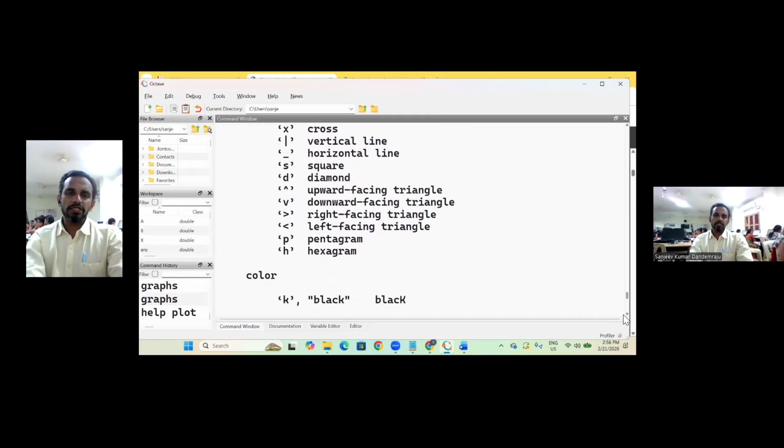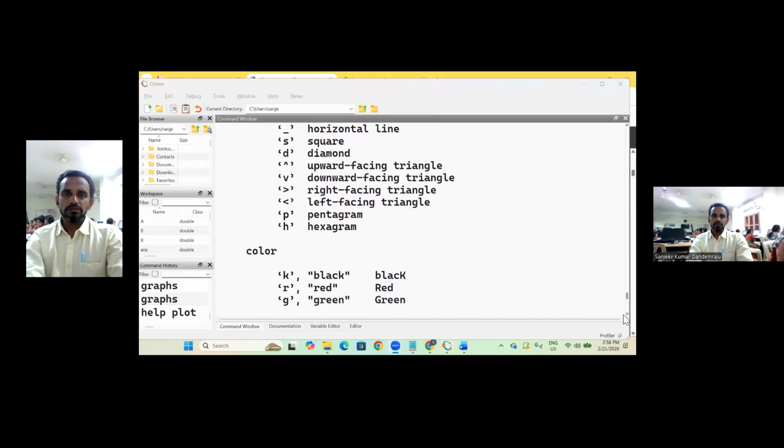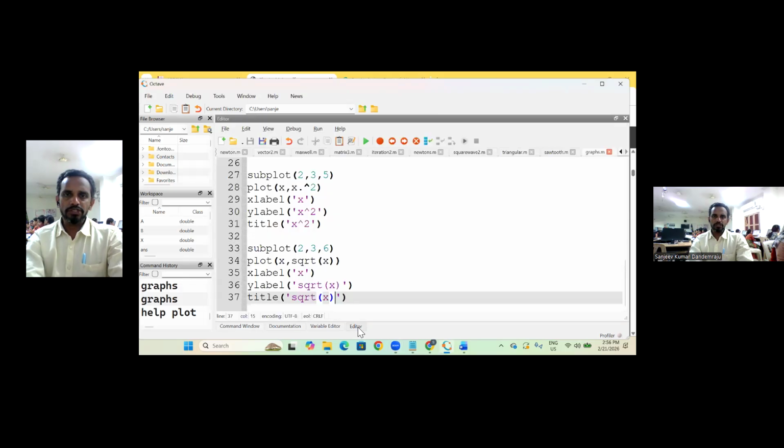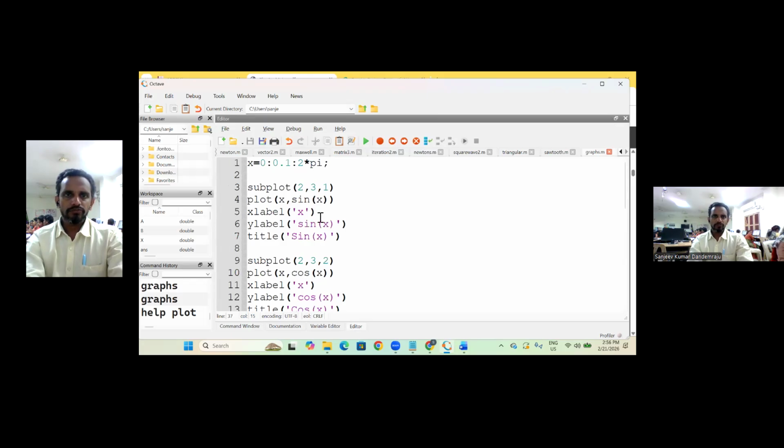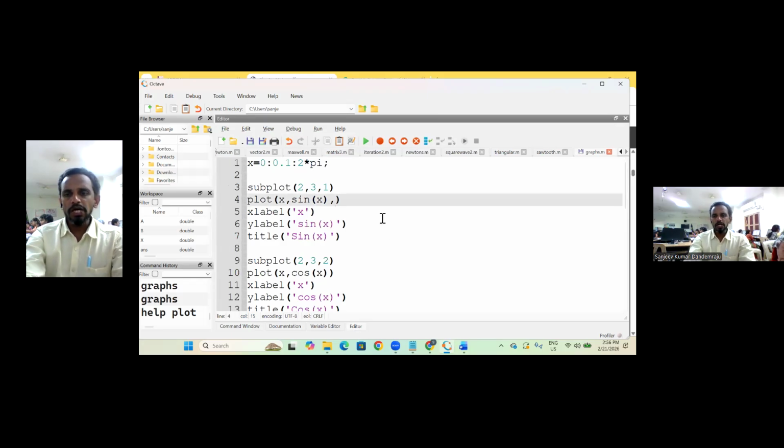So let's try that. Go to the editor and go to the first plot: x comma sin x comma double dash, O, R in quotes.